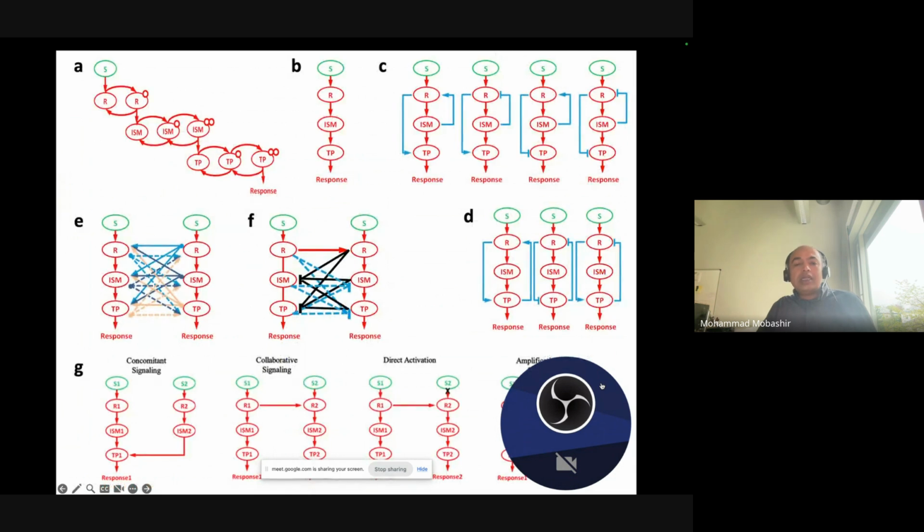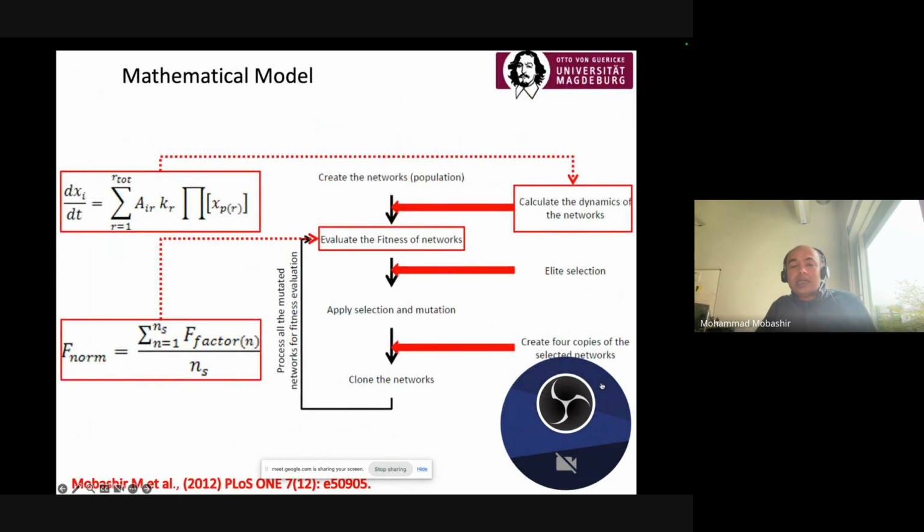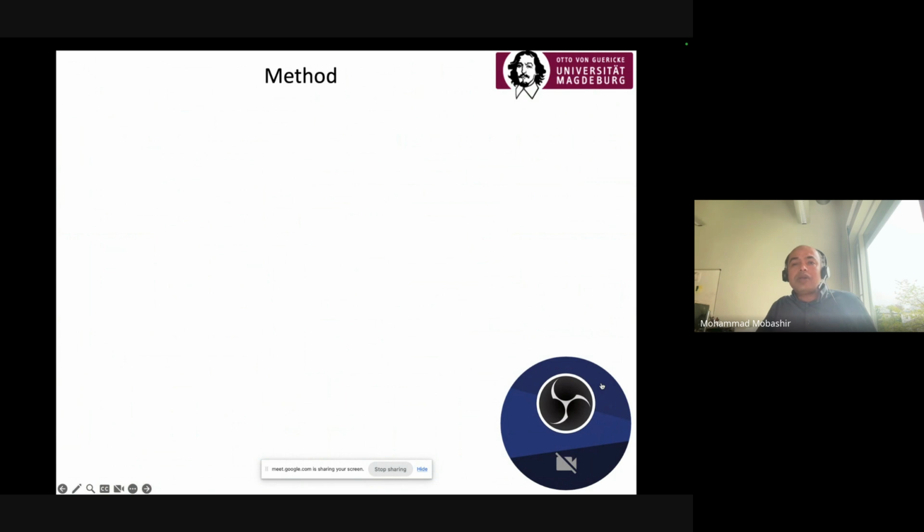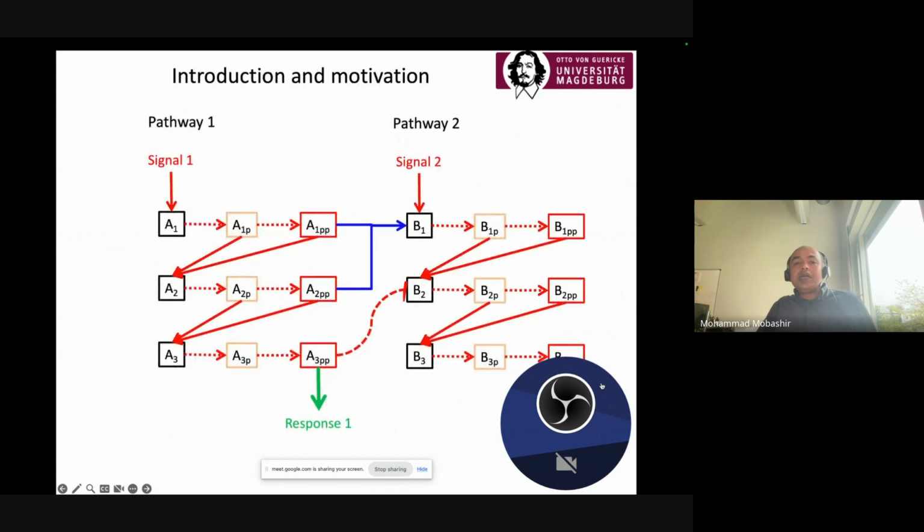These links are shown for better understanding. In general, biological networks do not look like this. For pathway 1 it is response 1, and for pathway 2 it is response 2. So we investigated both responses for both pathways by allowing some connection.